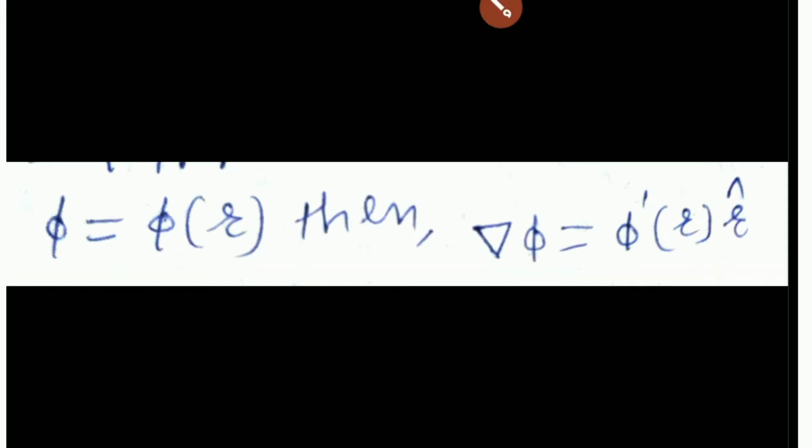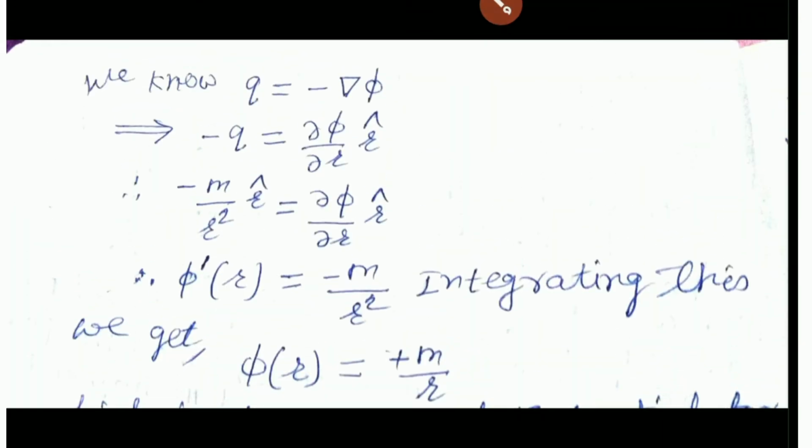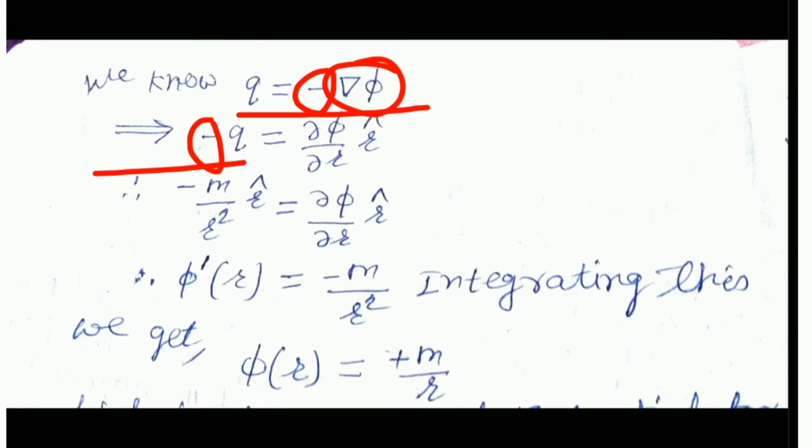So we know q is minus del phi. So this implies that minus q is equal to del phi, and del phi is dou phi by dou r into r cap.